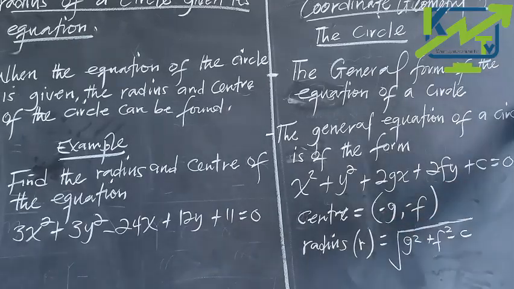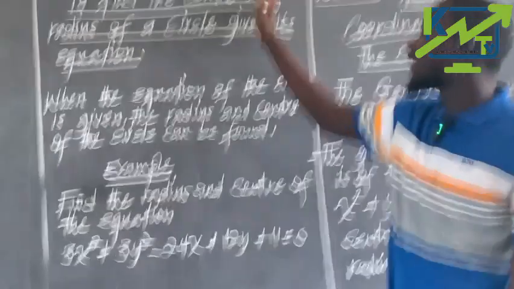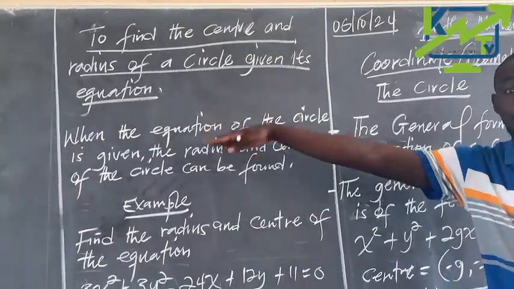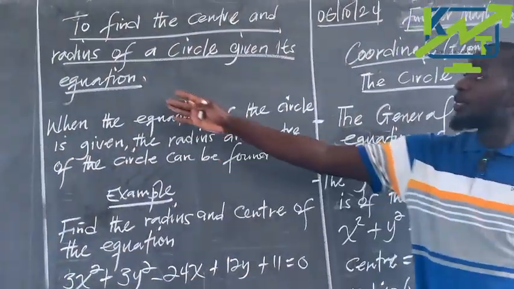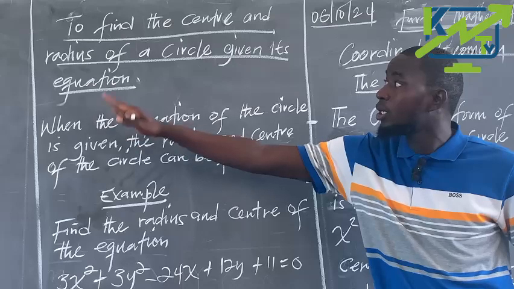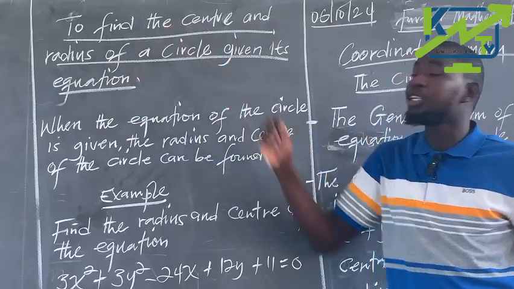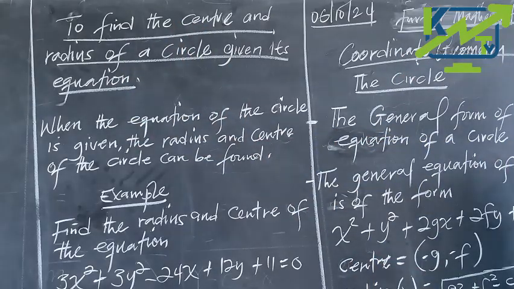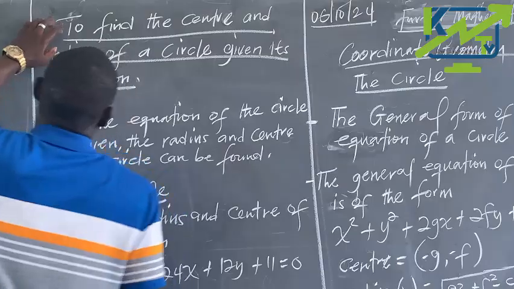Today we are going to discuss how to find the center and the radius of a circle given its equation. Sometimes they will not give you the radius and they will not give you the center. When the equation of the circle is given, the radius and the center can be found.